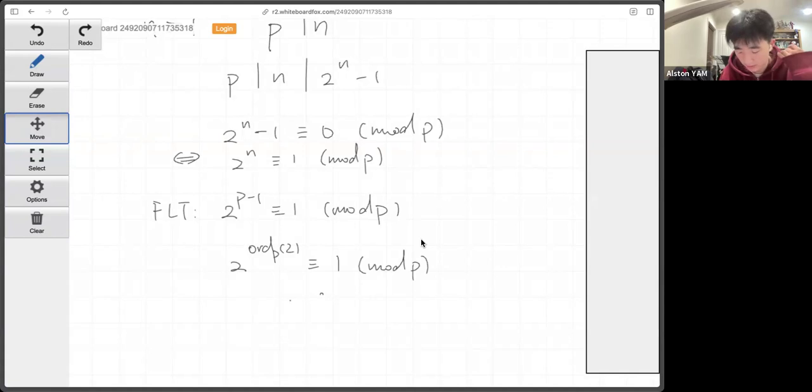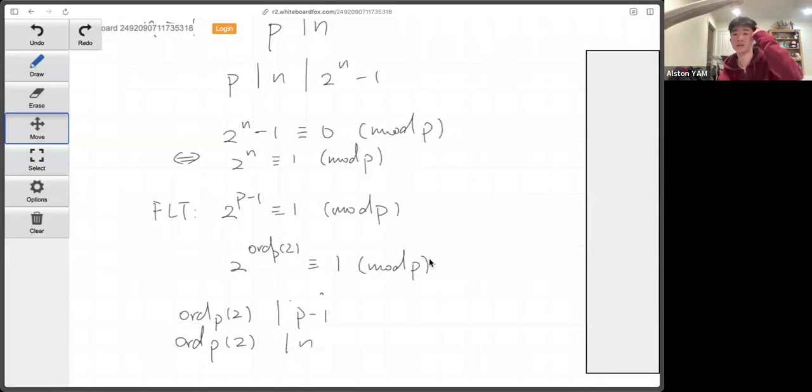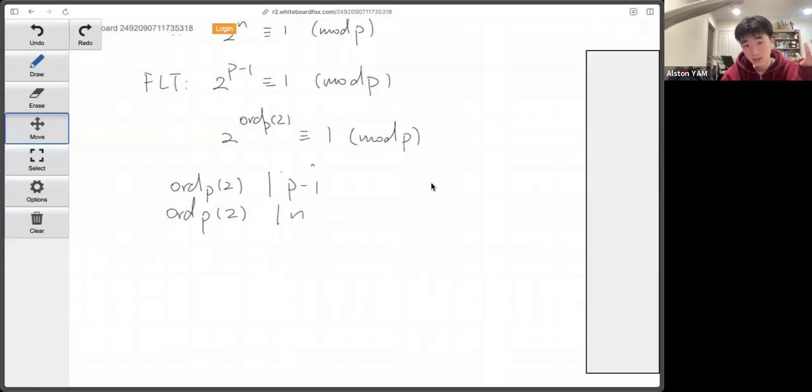Then we know by the fundamental theorem of orders, right? This order must divide p minus 1. And this order must also divide n, whatever our n is. Okay? Whatever our n is.